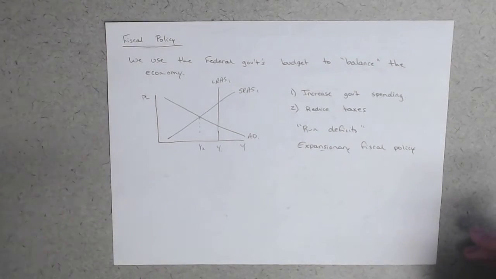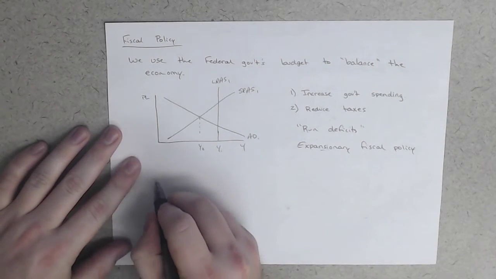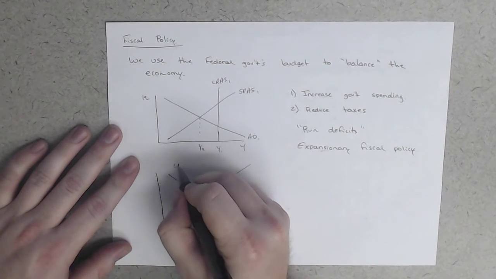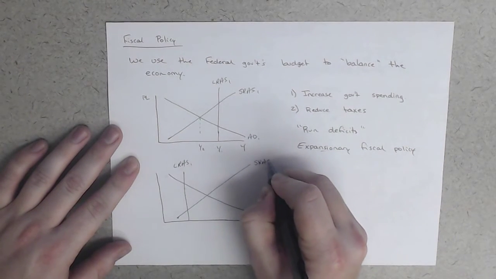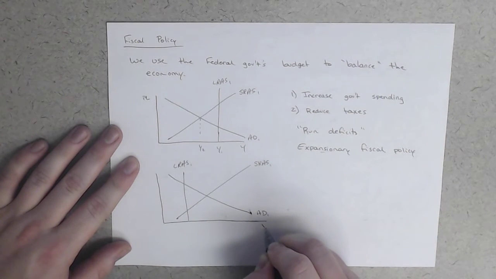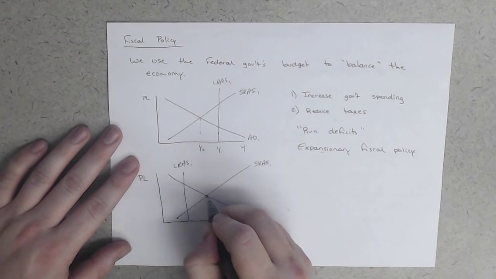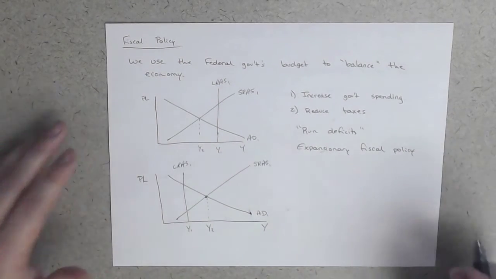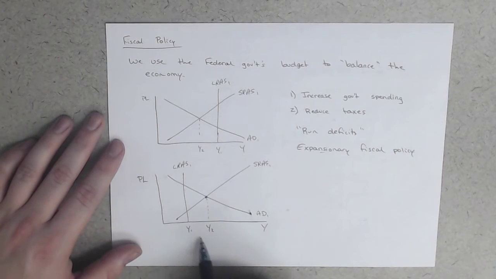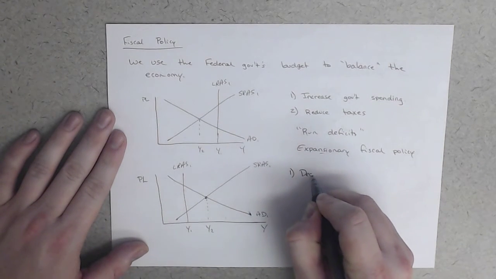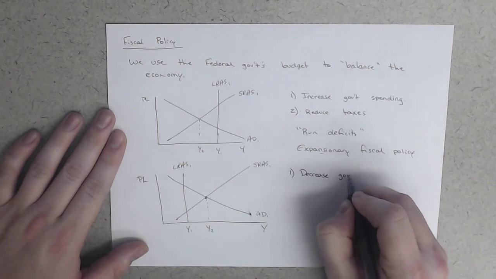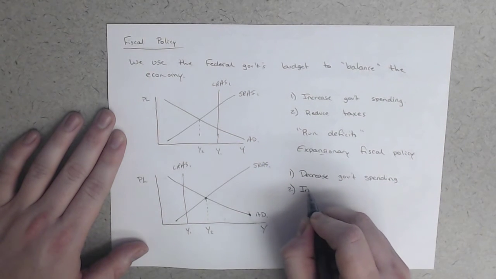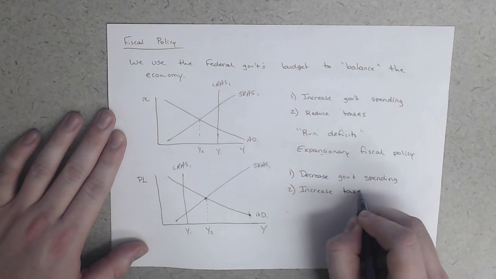On the other side, we can go the other way. Let's say that we are here. There are two ways that we can solve this. We need to reduce output, and the two ways are we can decrease government spending, or we can increase taxes.